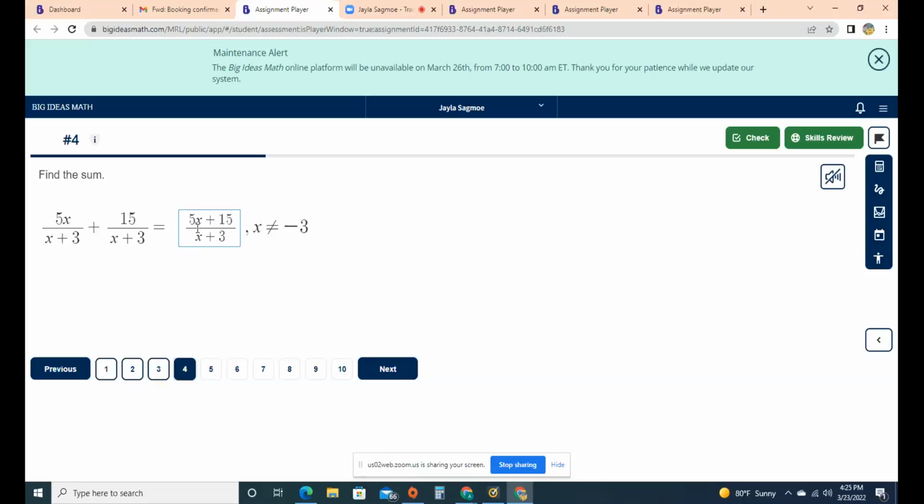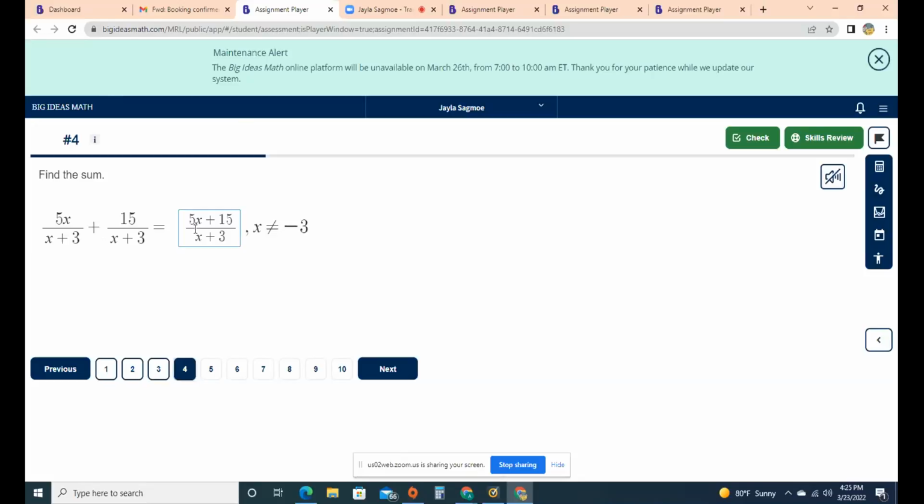That's okay. I just want to make sure. So do you see that you could factor a 5 out of the top? What I'd like you to do is go to the numerator and factor out a 5 there, just visually, or go ahead and type it.